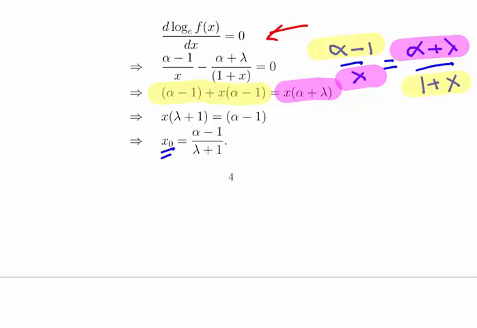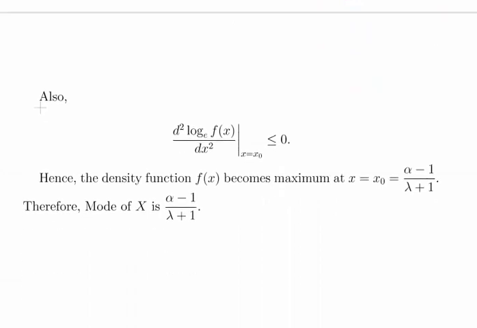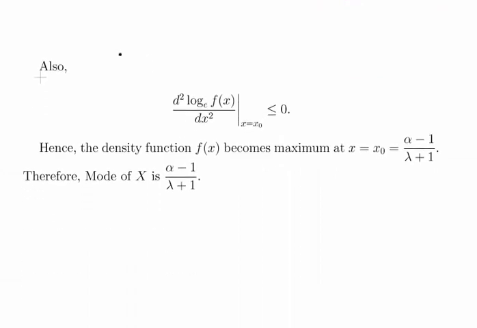Now, that should be okay. Essentially what we have to do is apply the second derivative test. The second derivative test is that we get the second derivative and see if it is negative or 0. That works slightly differently when you're dealing with probability distributions, because probability distributions are, by definition, always positive.